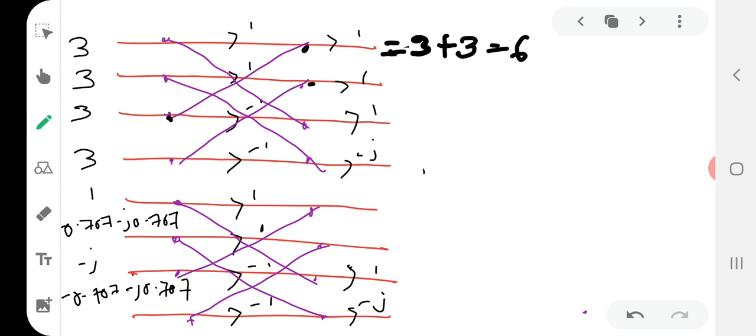Like that here also the value 1 from here, 3 into 1 is 3 plus 3 into 1 is 3, that is equal to 6. Here also 6, here also 6. Okay, and at this point what is the value? 1 into 1 is 1. Okay, this will be 0, it's not 6, because here minus 1 will come.